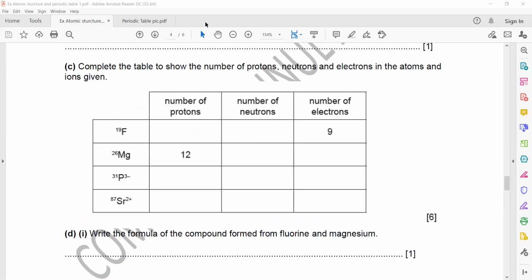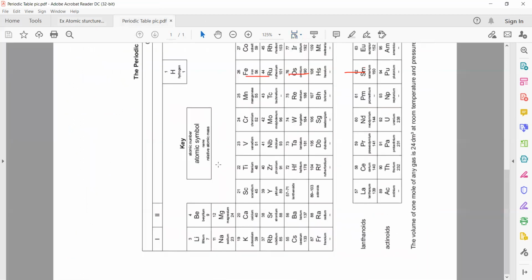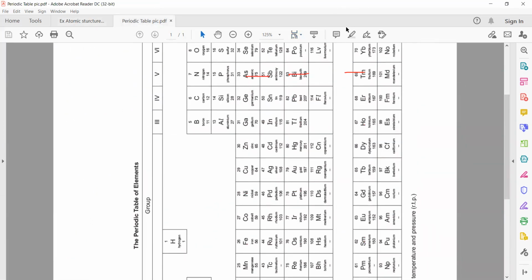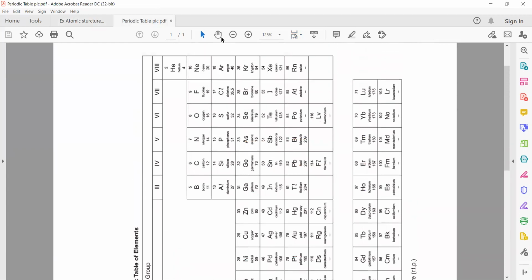Then part C, complete the table to show the number of protons, neutrons and electrons in an atom. Fluorine is there. As you can see, the atomic number is not written. So what you have to do is use a periodic table and write the atomic number. For fluorine, when you check, it is 9.